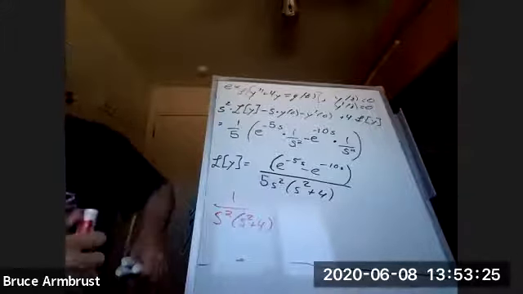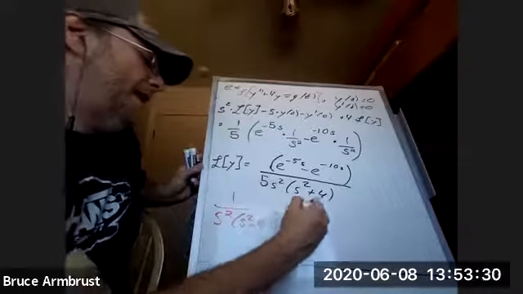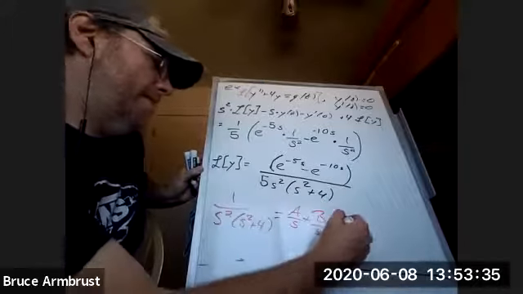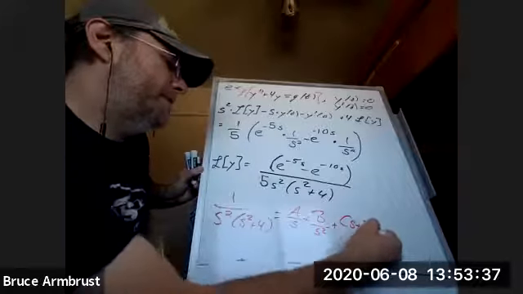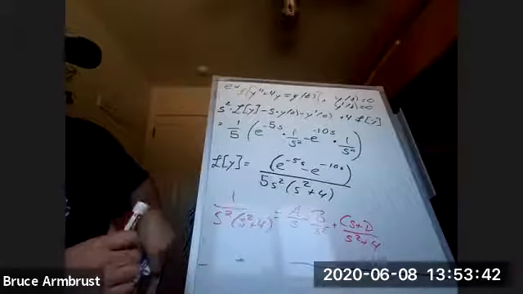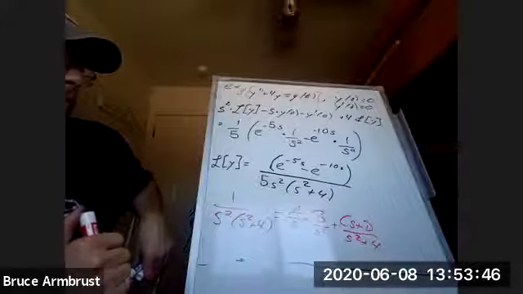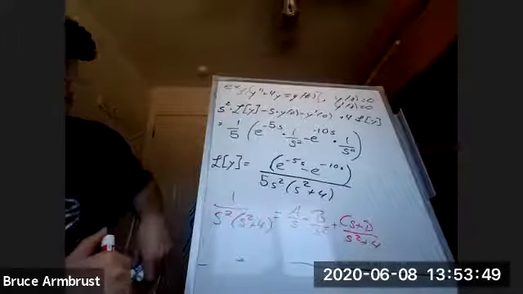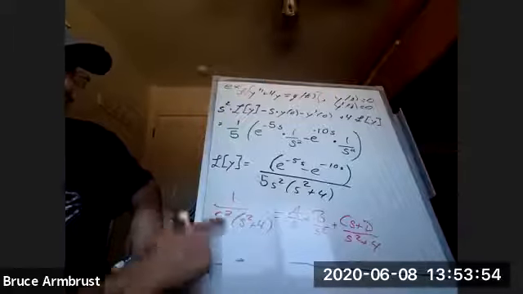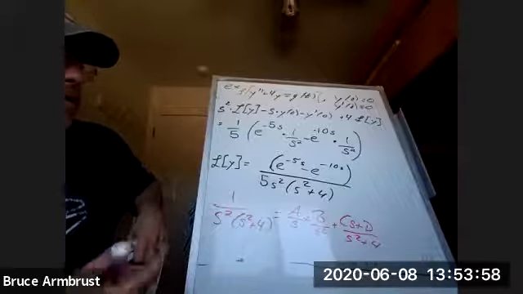So we need to break that up using partial fractions. This is going to be A over s plus B over s squared plus Cs plus D over s squared plus 4. I just want to remind you, when you have a repeated factor, like this s squared, you need to have two possible fractions, the one over s and then the other over s squared.